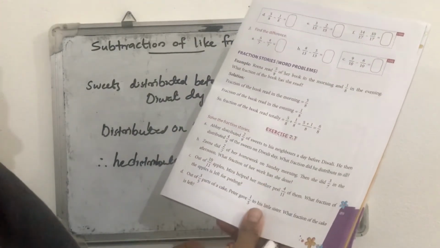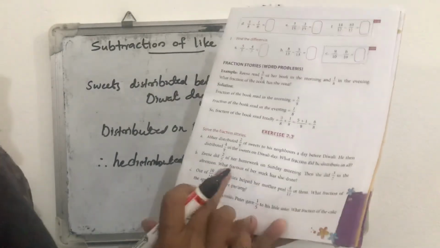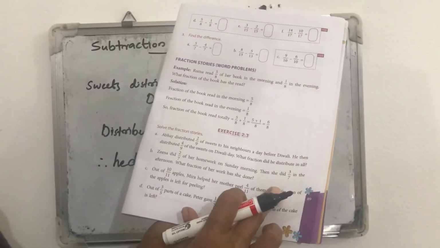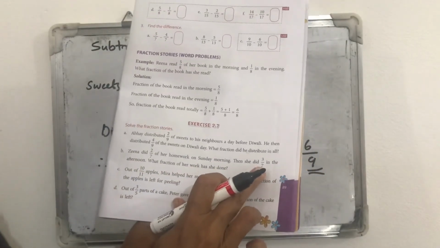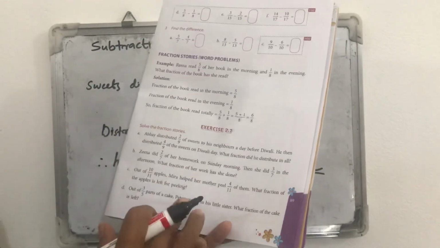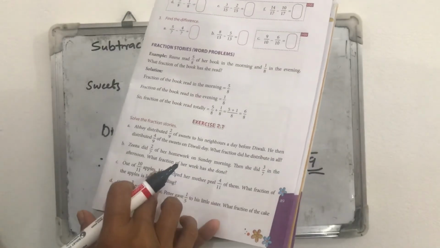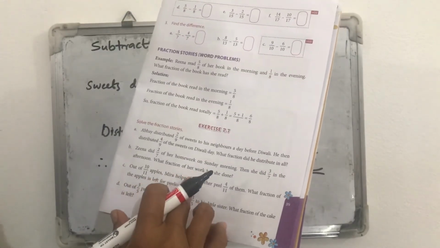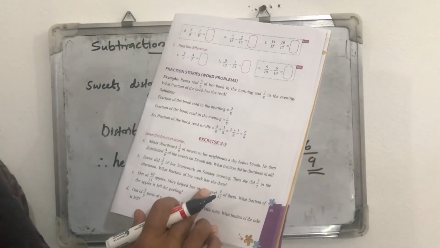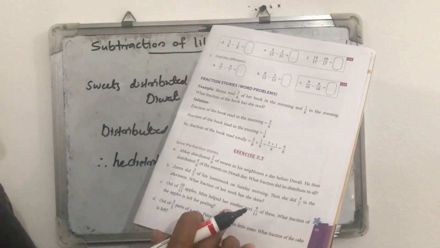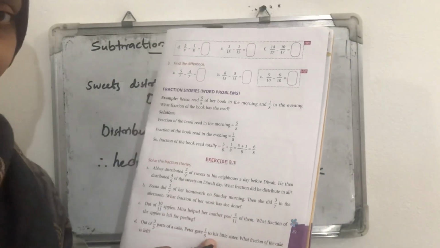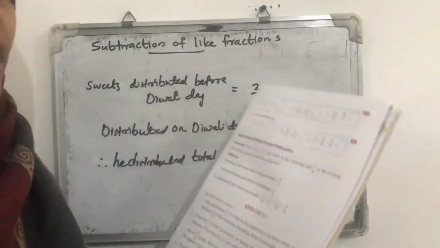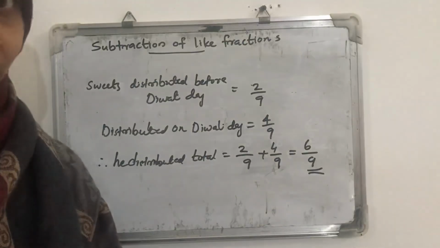Next, homework done in the afternoon equals how much? 3/7. Then the last step, how can we write? Therefore, total homework done equals 2/7 plus 3/7. Then find out its answer. Okay, all of you do that homework and send your answers. Okay, thank you.